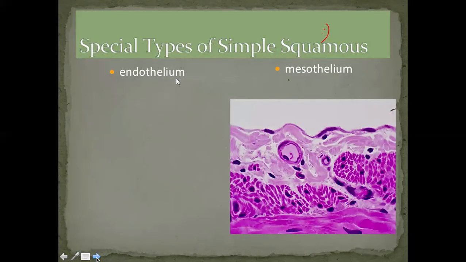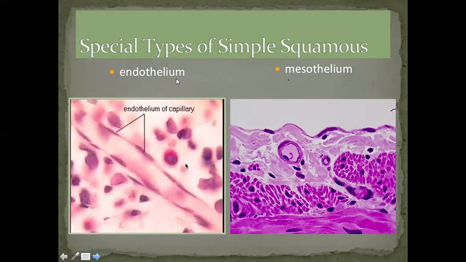Okay. There are special types of simple squamous, no? So we have what we call endothelium, we have what we call mesothelium. Okay. So endothelium and mesothelium are still simple squamous. Pero if they are found in the blood vessels, any form of blood vessels, they are called endothelium.